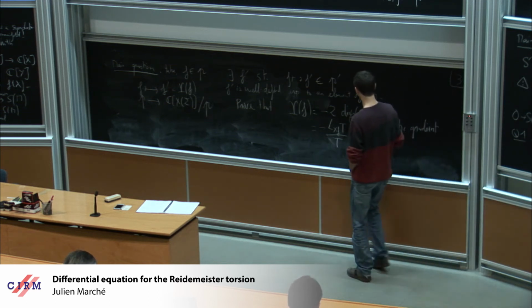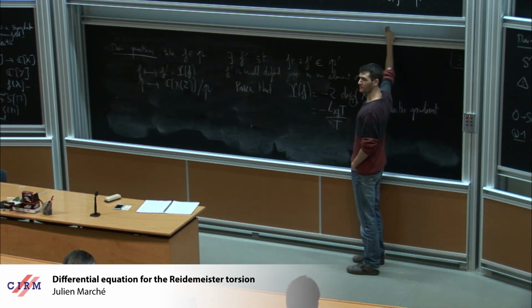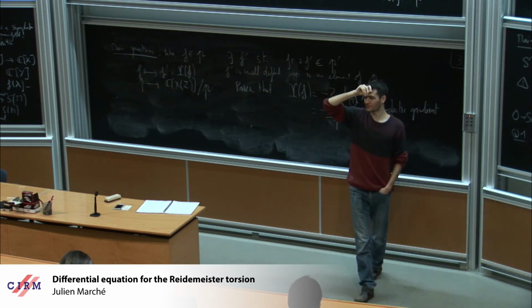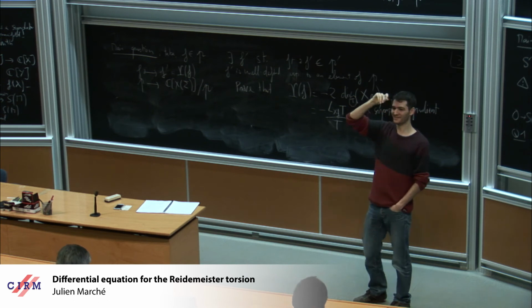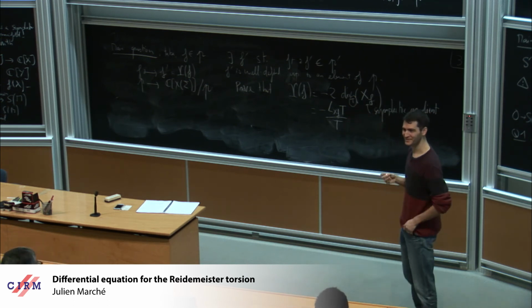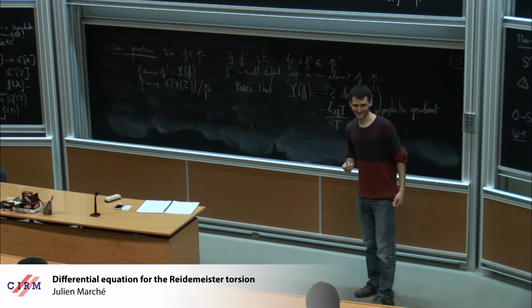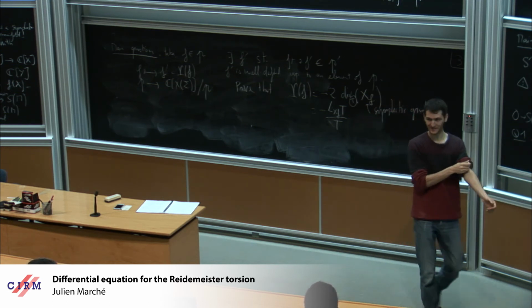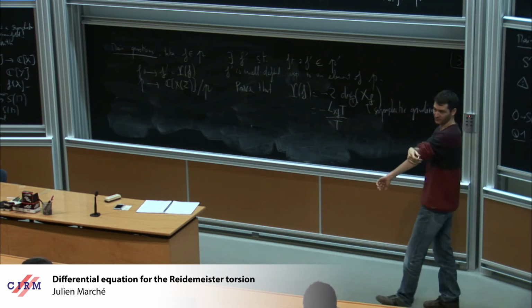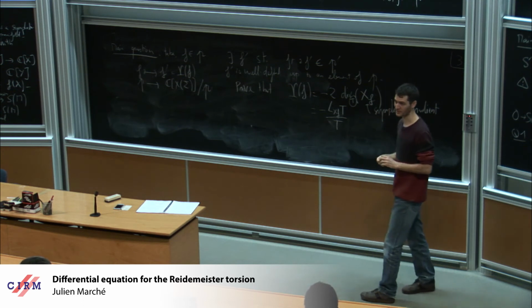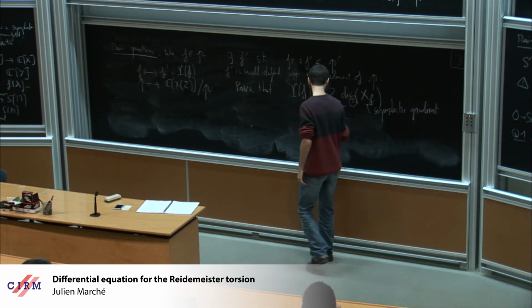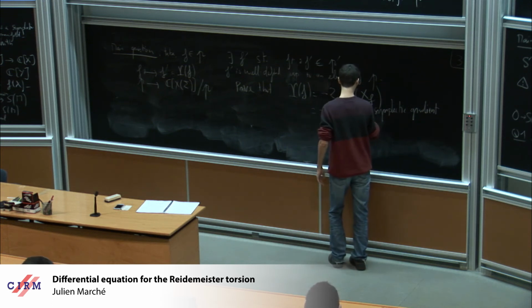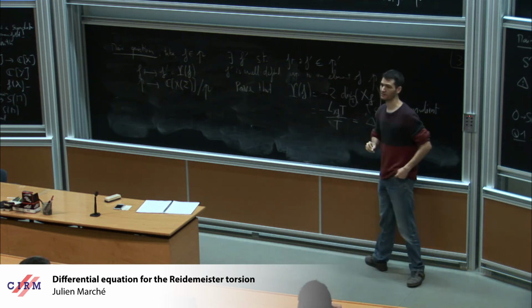Okay? And maybe you know from vectorial calculus that the divergence of the gradient is, do you remember? Laplacian, okay? The divergence of the gradient of a function, if you take the usual formula, is a Laplacian. Here I do not take the usual gradient, but it's a kind of symplectic Laplacian of f.